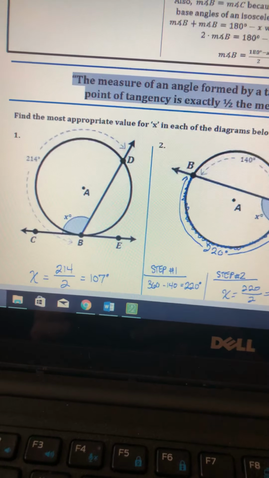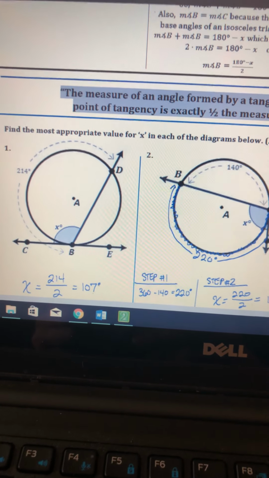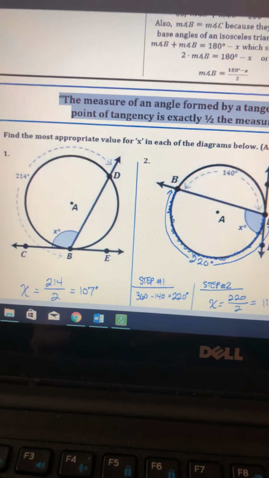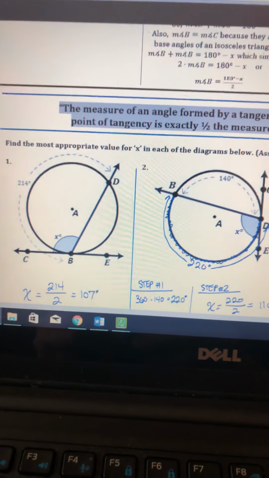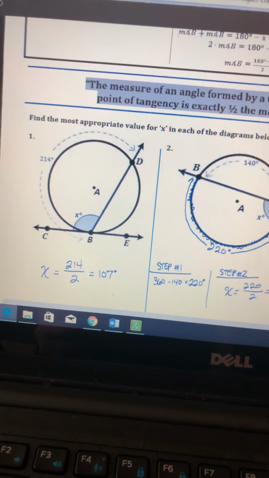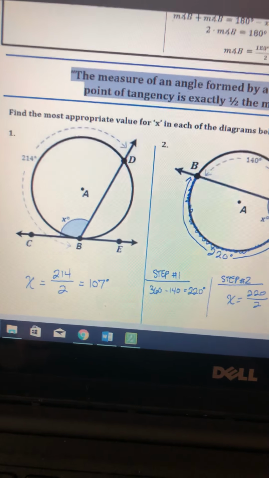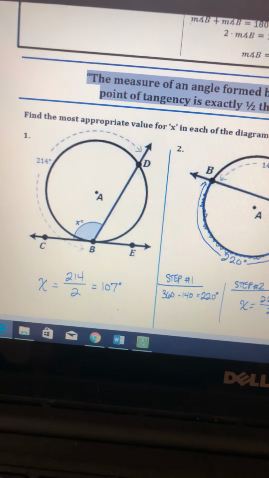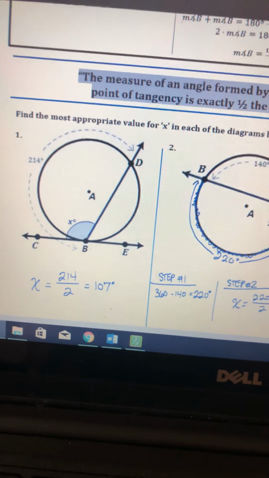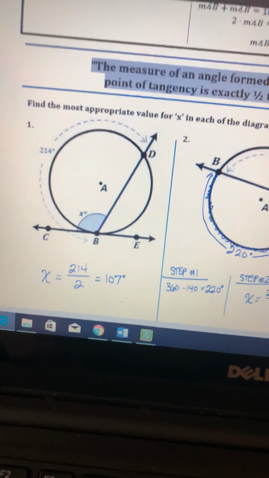Okay, it says here, find the most appropriate value for x in each of the diagrams below. Assume CE is tangent to the circle. So here we see that our intercepted arc is 214 degrees. So we just take 214 divided by 2 and it equals 107.